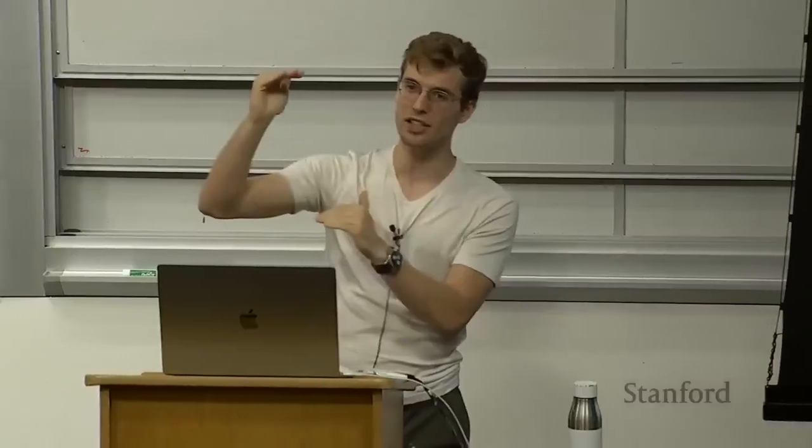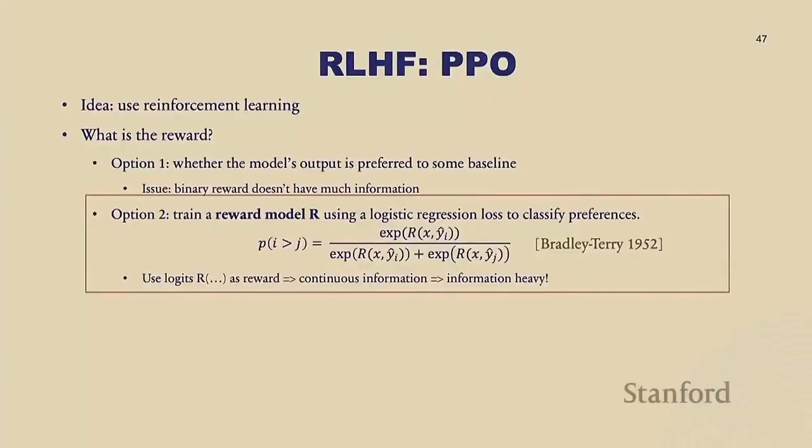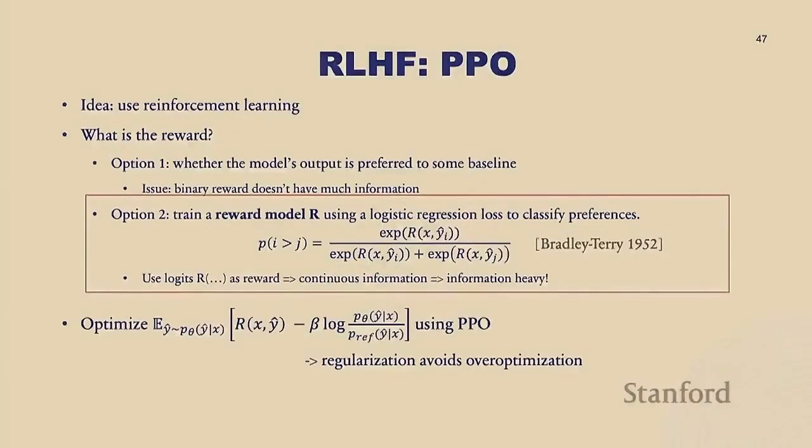So now you know that if your reward model said it has high logits, then in some ways the human highly preferred this answer to some other answer. Great. So as I just said, continuous information is better. So that's what people use in practice, or at least used to use in practice. I'll tell you about the other algorithm later.